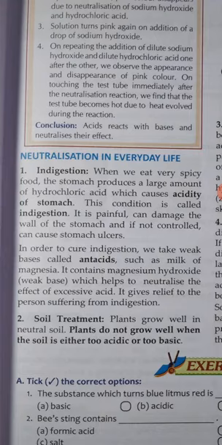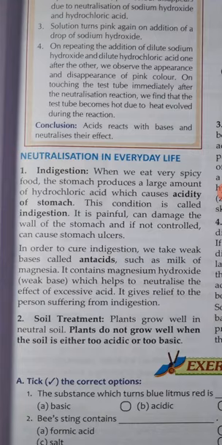Second, number two, it is soil treatment. Soil treatment means that when farmers in the agricultural field go on cultivating year after year and apply manures and fertilizers, the soil becomes acidic.